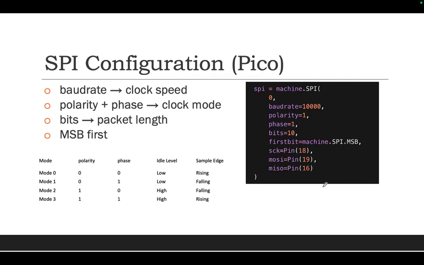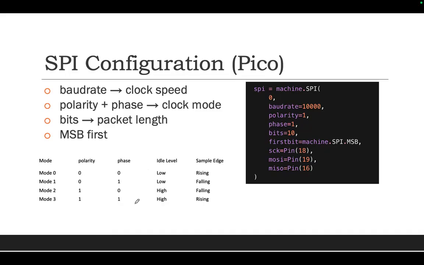Actually, you can see this is your code. The baud rate, we know it is clock speed. What is clock speed? It's just frequency, the period. And the polarity and the phase decide the clock mode, which means when I set polarity at 0, when the Pico is idle, the output is always low.